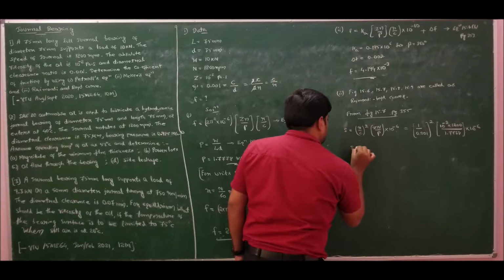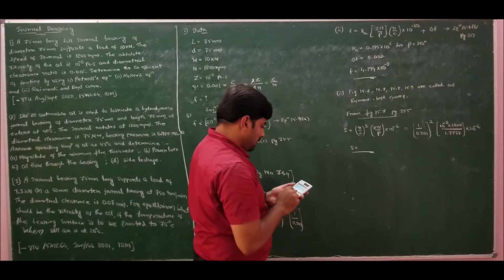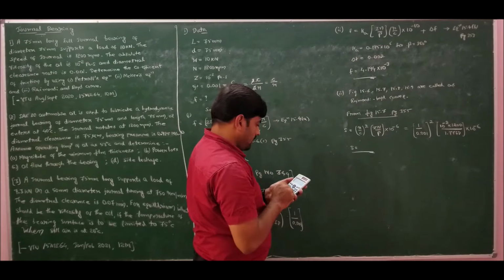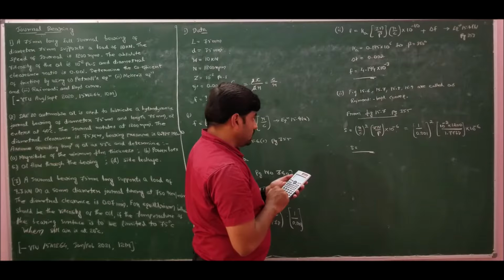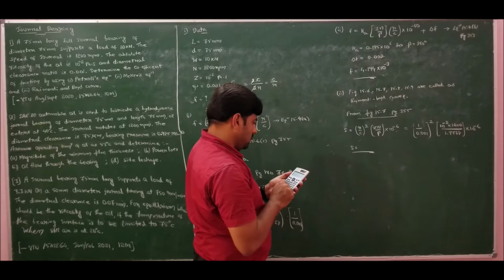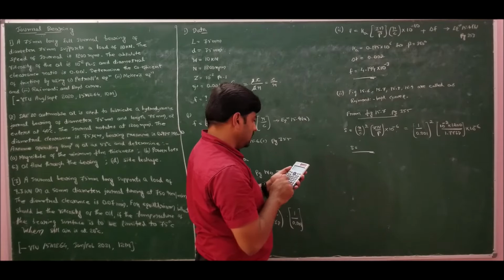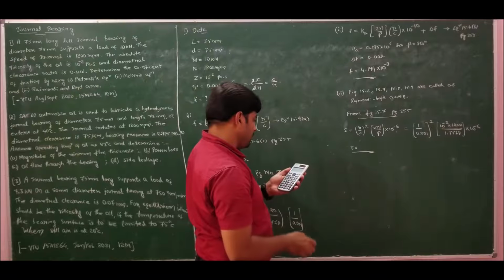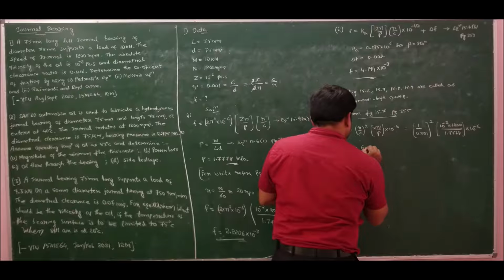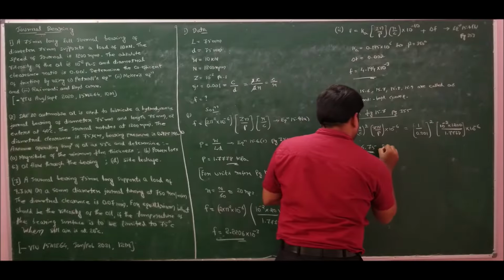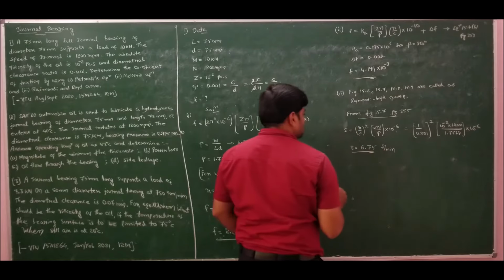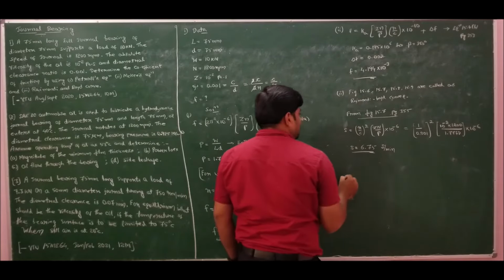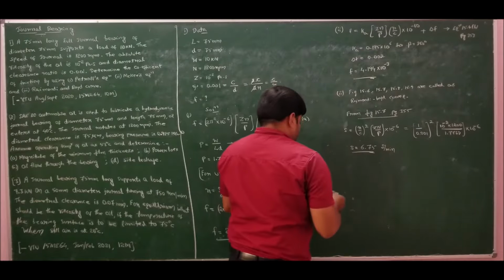If I solve, I will get the dimensioned Sommerfeld number as 6.75 seconds per minute. The unit is seconds per minute.